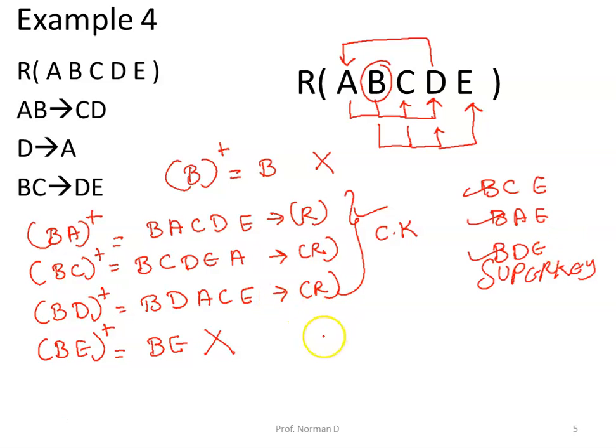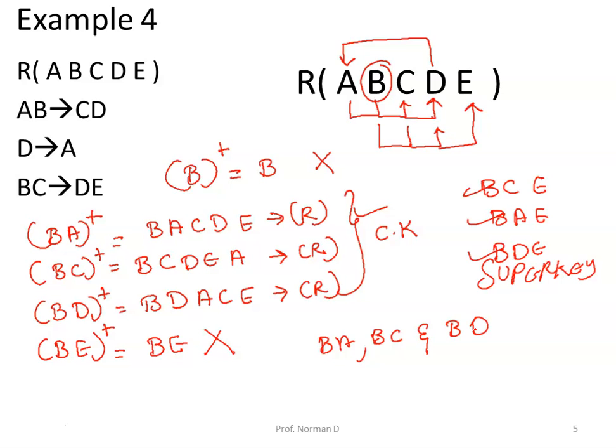So in this case, we have BA, BC and BD which are acting as candidate keys. So when you calculate the candidate key, it is very important that you know the definition of a super key and the definition of a candidate key.